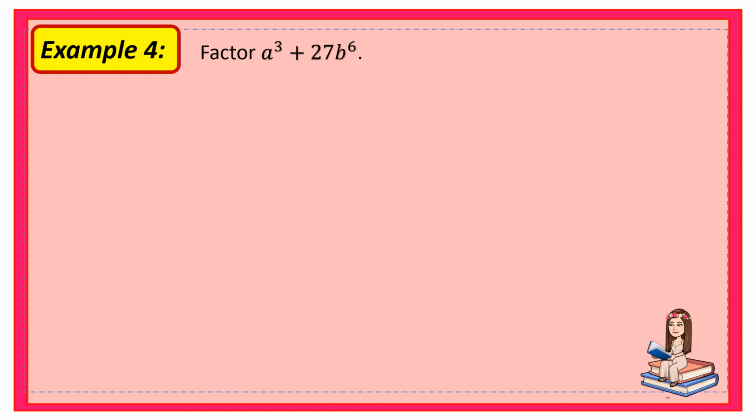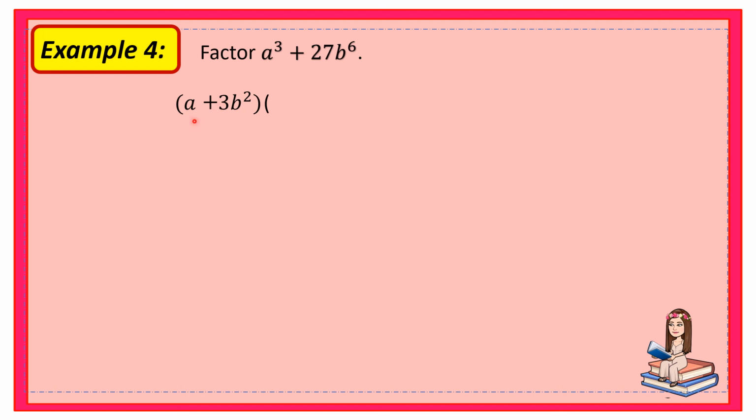Alright, for our fourth example, if we have a cubed plus 27b to the 6th. So, you get the cube root of a cubed. So, that is a. Copy the operation plus, and you get the cube root of 27b to the 6th. So, that is 3b squared. And then, get the other factor.